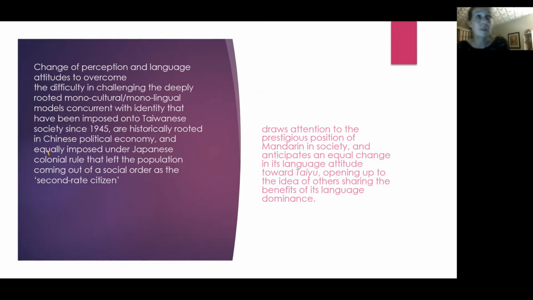That's where the main obstacle is: the deeply rooted monocultural and monolingual models that are currently still tied in with identity.